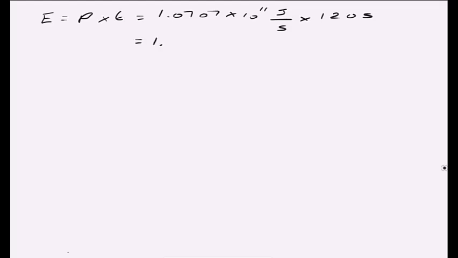And also, we want to work out the energy equivalence on the SAO, which is simply given by the power, which is in watts or joules per second, multiplied by the acceleration time, and that is 1.0707 times 10 to the 11 joules per second times 120 seconds, and this comes out as 1.2848 times 10 to the 13 joules, or around 12.848 terajoules of energy.